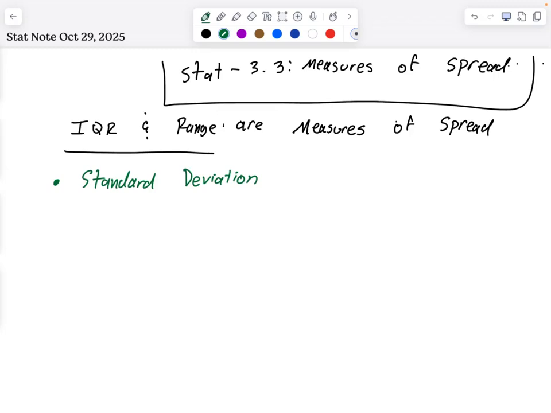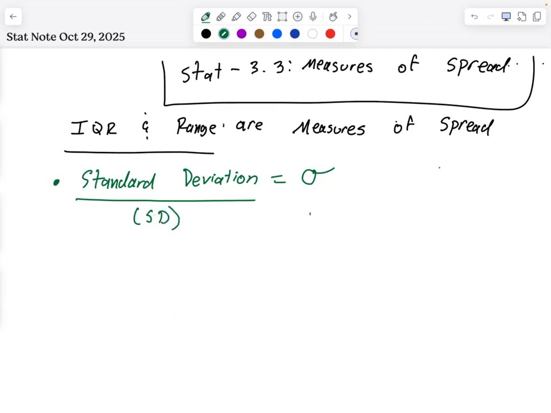Now, the symbol for standard deviation looks like an O with a little squiggly. Writing out the word standard deviation every single time is a lot. Sometimes we might abbreviate standard deviation as SD.